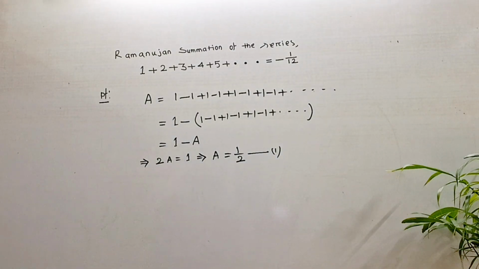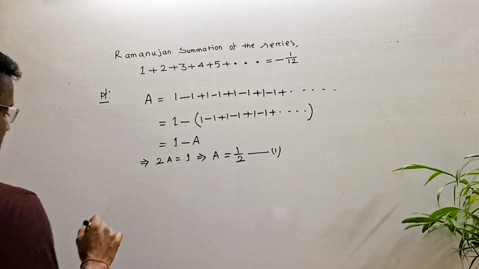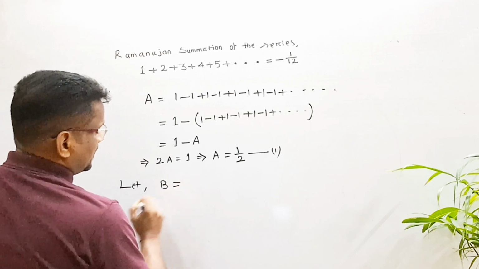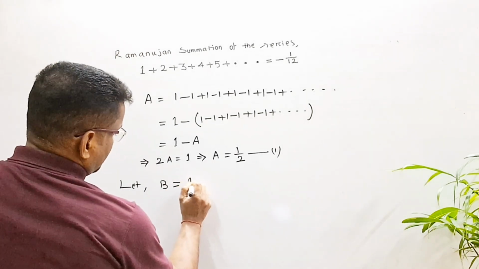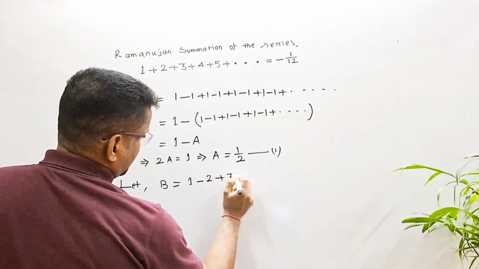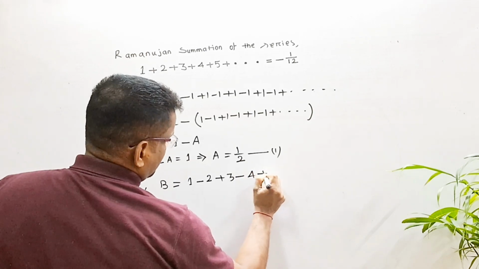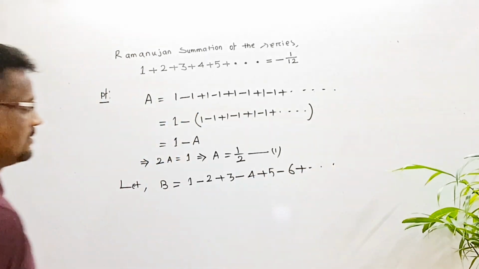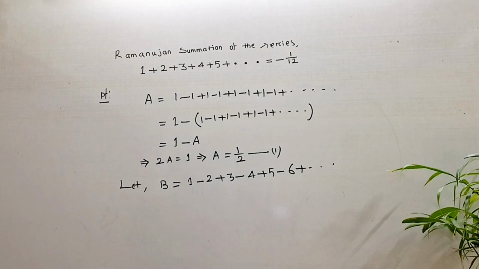Next, we are going to consider a second series, that is B. Let B equal 1 minus 2 plus 3 minus 4 plus 5 minus 6 plus and so on. This second series we have to consider, and we considered it.